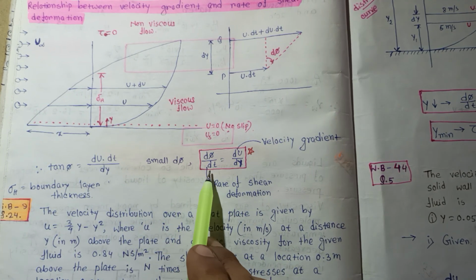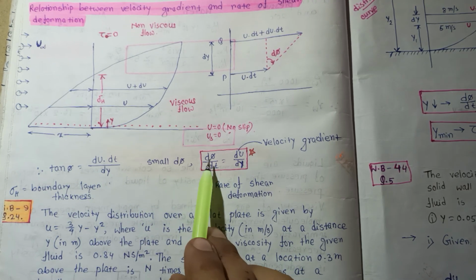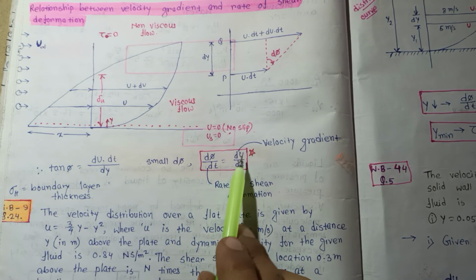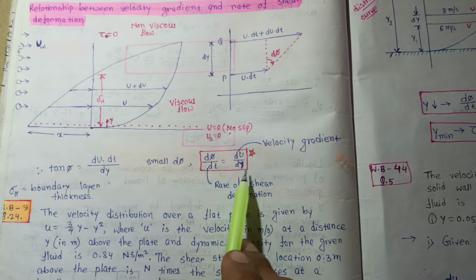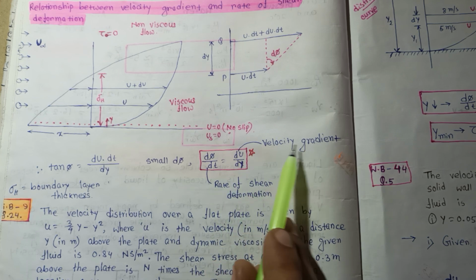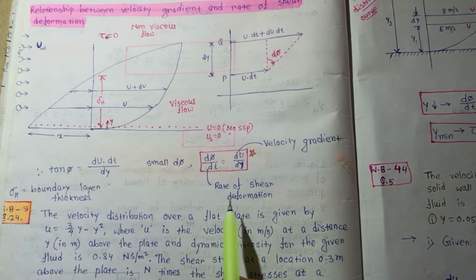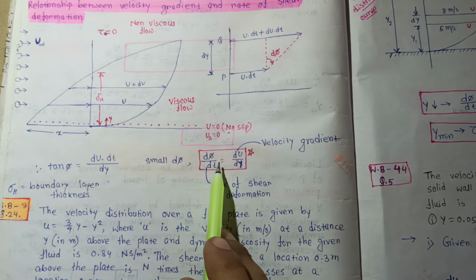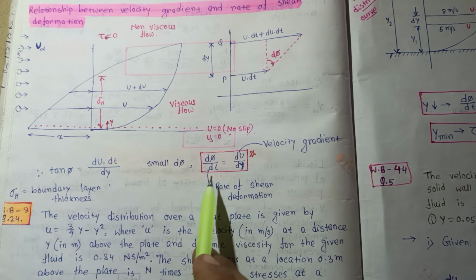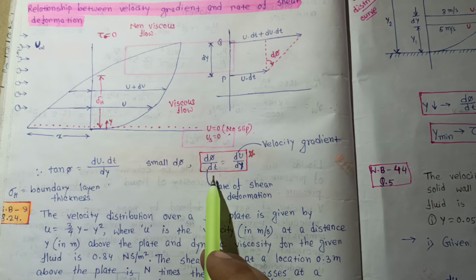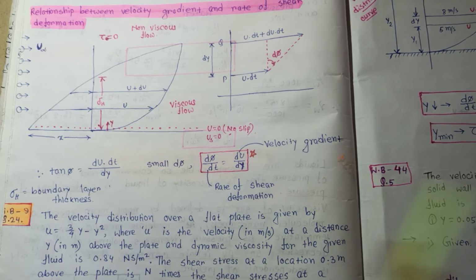So d phi by dt equals du by dy. This du by dy is known as the velocity gradient, and d phi by dt is the rate of shear deformation. Very important. This is the relationship between the rate of shear deformation and the velocity gradient.